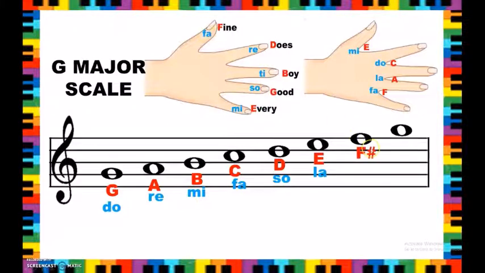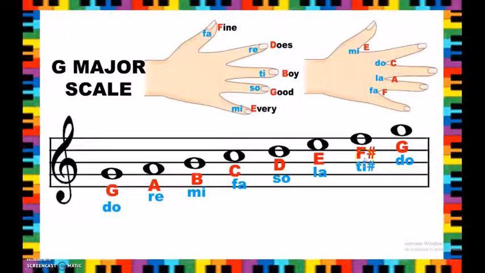And then next is F sharp. Okay? Then the F sharp will become T sharp instead of fa. And then the next is G. F, G. So the G will be do, or the higher do. Okay? So, why does F have a sharp?